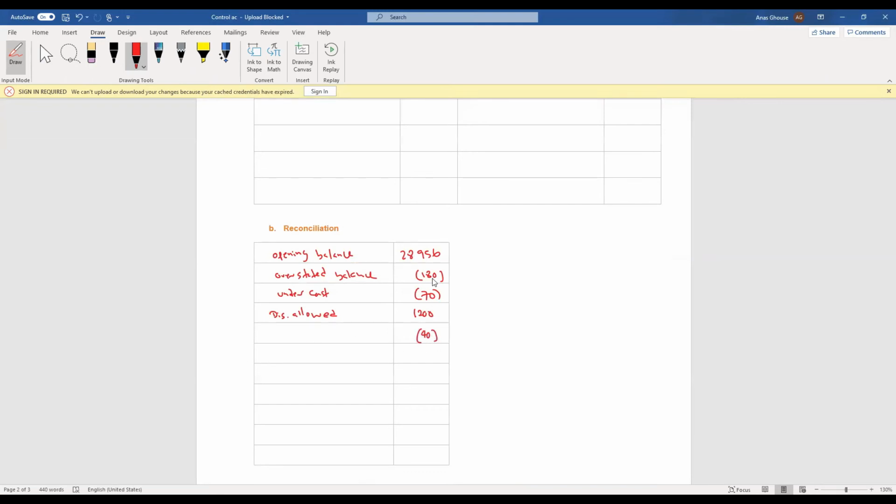Why are we deducting? Usually this is a debit balance, but this is a credit balance. So the net impact has to be minus. So we can say wrong posting.